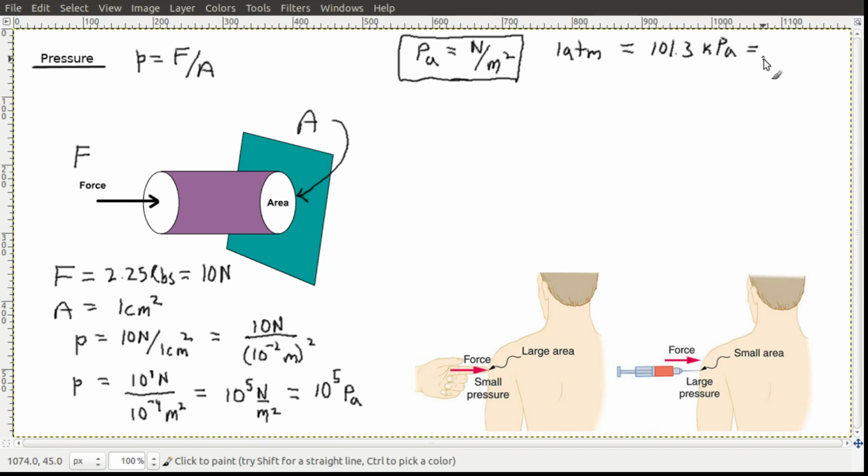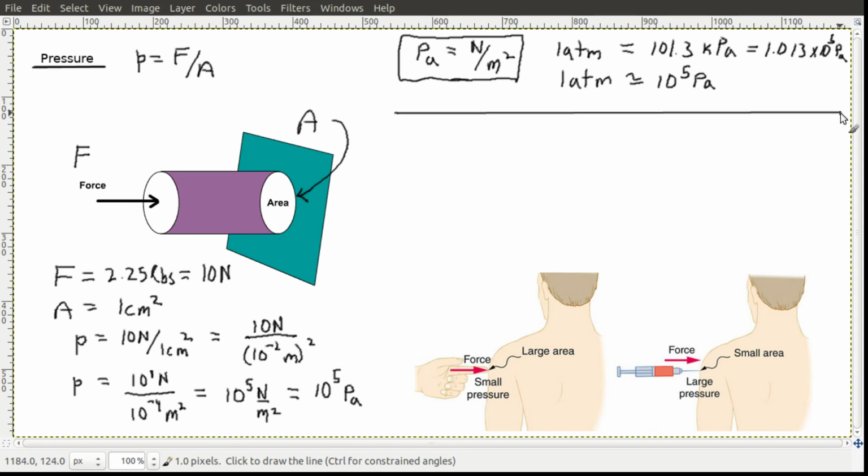It's 10 to the 3, so let's just write it like this: 1.013 times 10 to the 5 pascals, or newtons per meter squared. So we can see that 1 atmosphere is basically close to 10 to the 5 pascals, or 10 to the 5 newtons per meter squared.